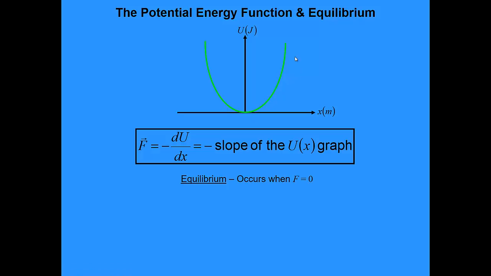Okay? So if we stretch the spring a little bit to the right, look at the slope of the graph. What kind of slope is that? Well, to the right of equilibrium, all of the slopes are positive.